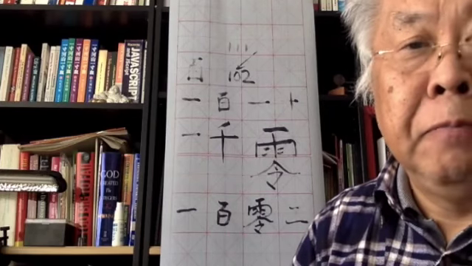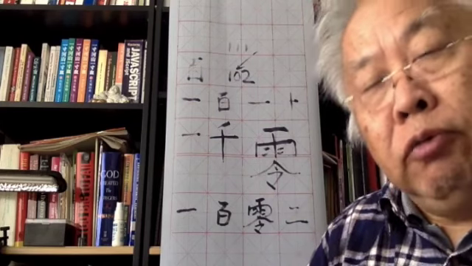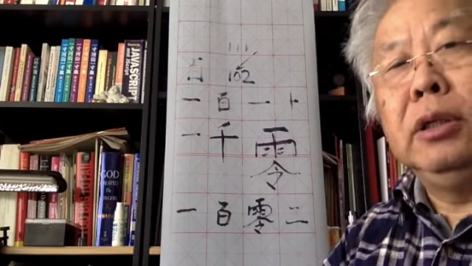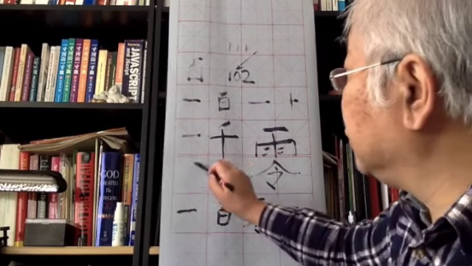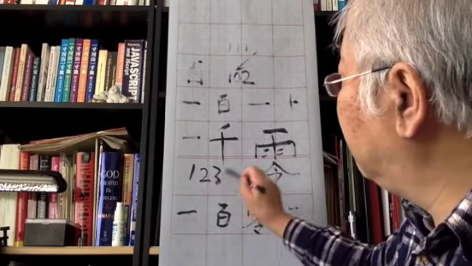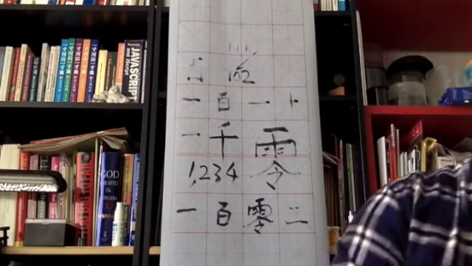This is 1,000. So the way to do it is exactly the same as the other numbers. For example, we want to say 1, 2, 3, 4. That's 1,234.